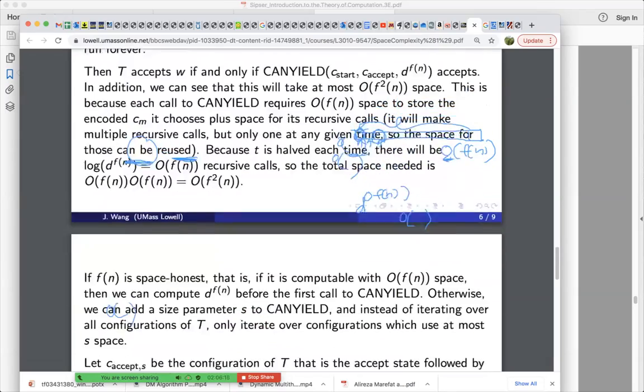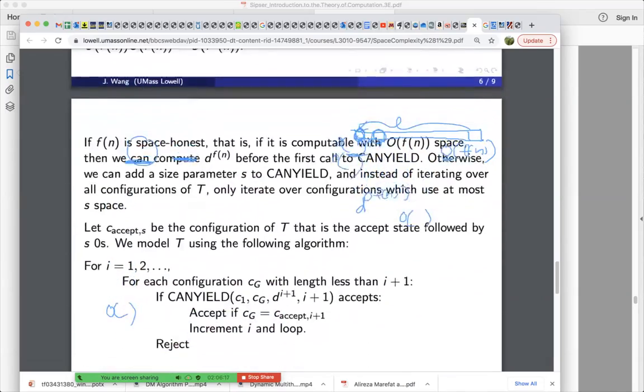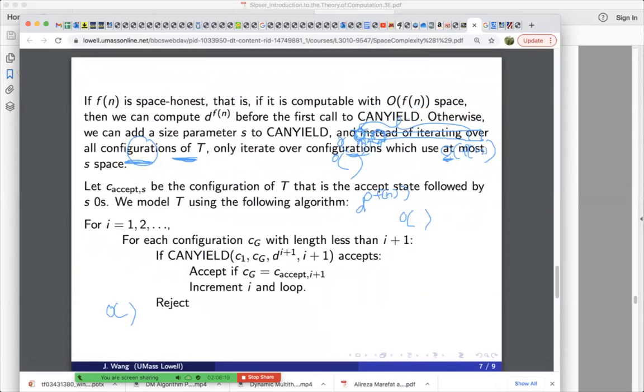All right, now there's one technical detail that we need to take care of in this theorem. Most of the proof may just end up here, assuming that you know how to compute f of n in space.